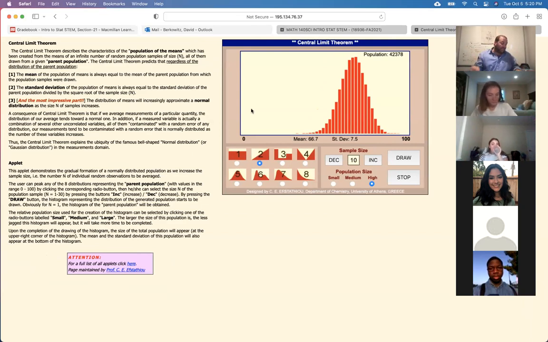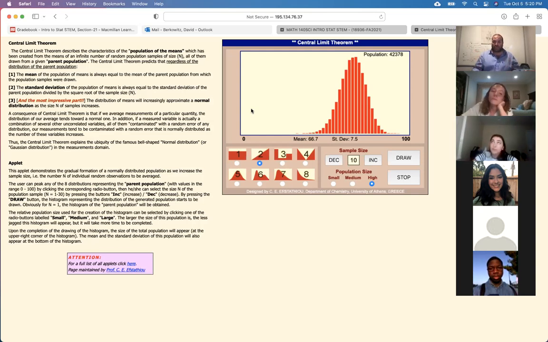The point of this section that I'm trying to make, based upon what we just saw, is that the original data has some distribution, but when you take samples, you get a different distribution called the sampling distribution.